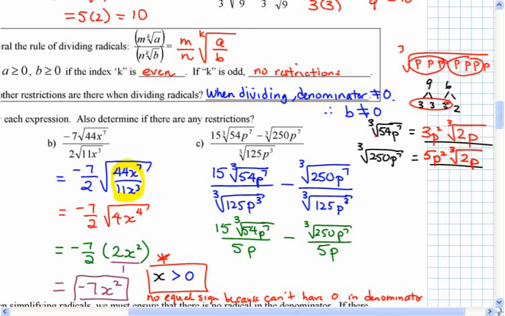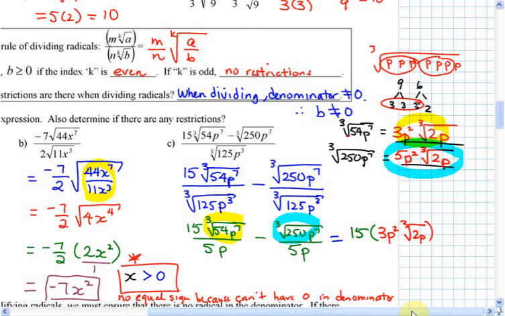Okay, so back to the step in green. I'm going to ask you now to replace that cube root with your simplified forms. So once again, replace this with that. Replace that with that one over there. Let's go. We have here 15, and then instead of the cube root of 54p to the 7, it's 3p squared, cube root of 2p.